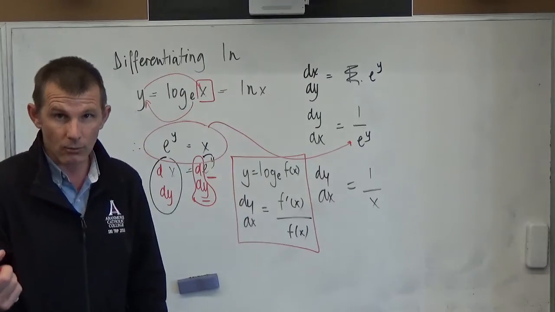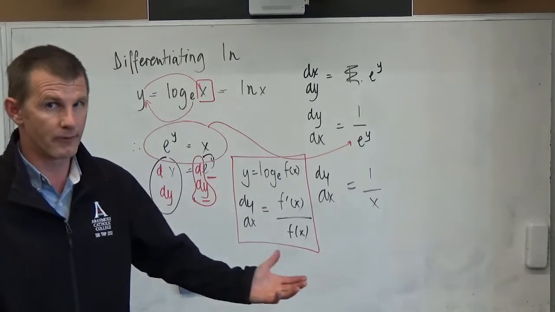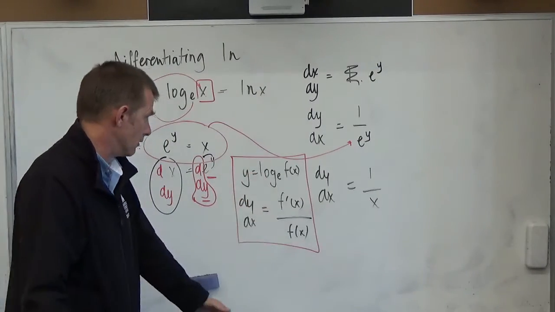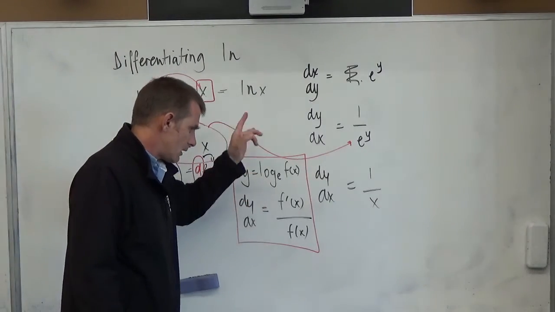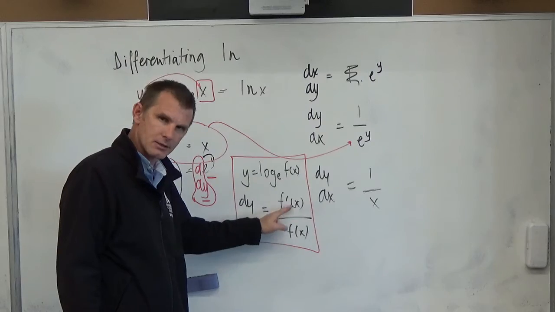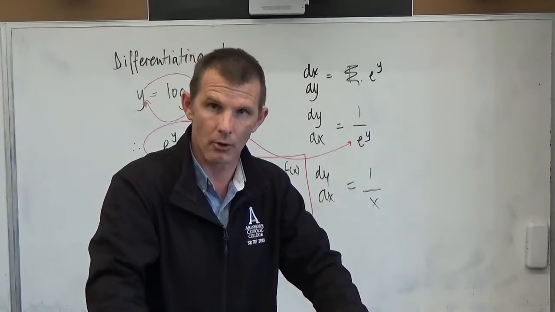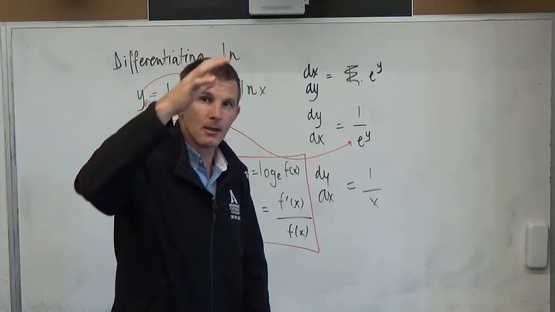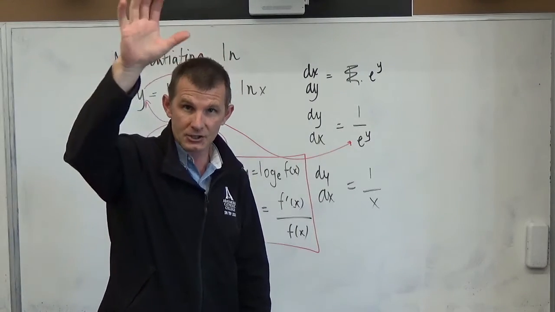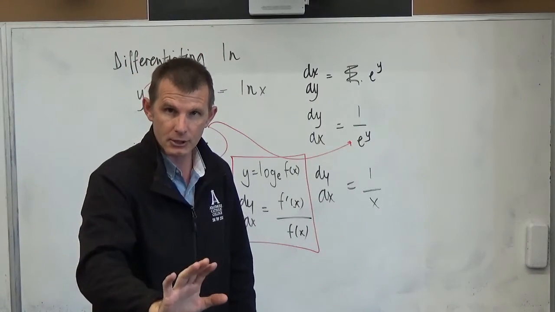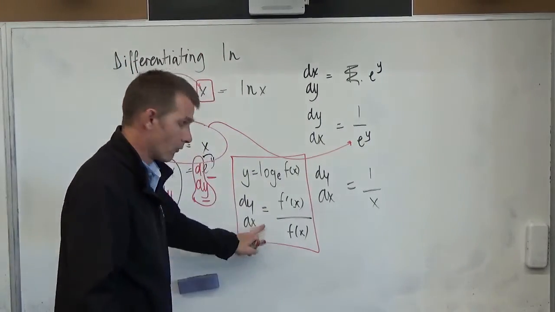Now the next thing that we will do, and I might not even do a video on this because I don't think we need to, is that if you see a function like this, the derivative is on the top line and the original on the bottom. So it could be 3x squared over x cubed. That would be in this format.